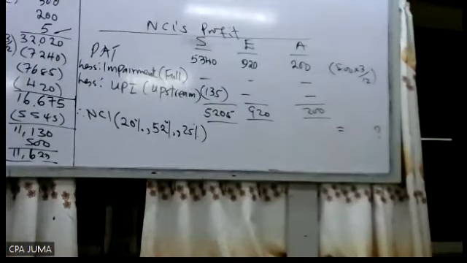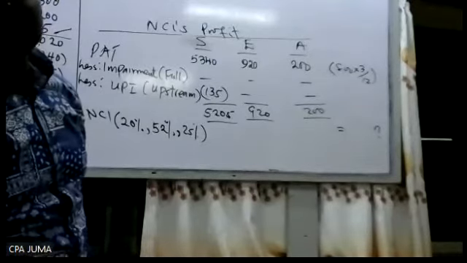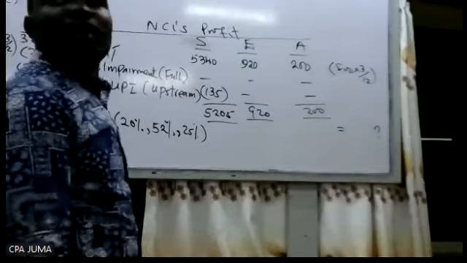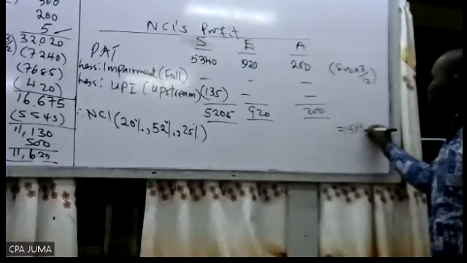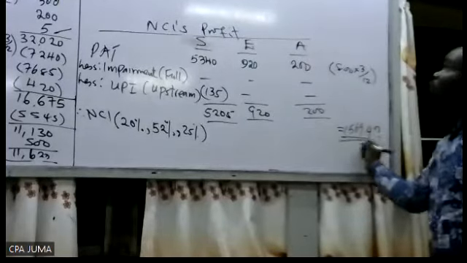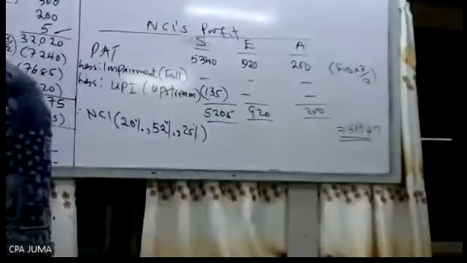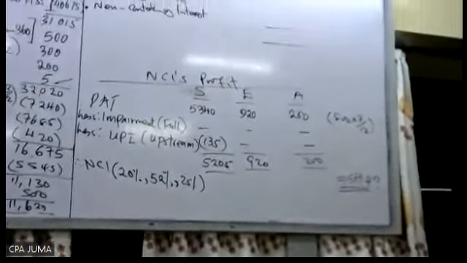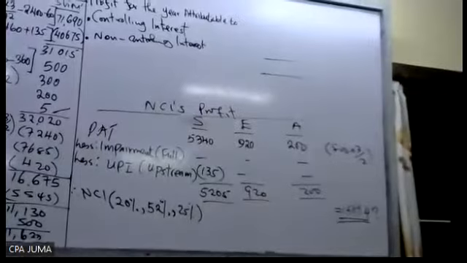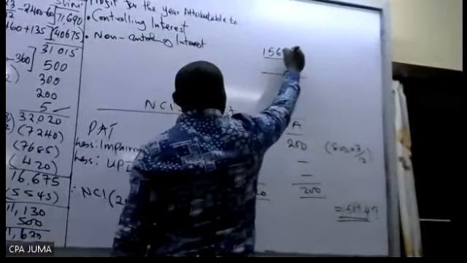Total is how much? Vincent has a figure 1569.4. So go and give minority up there. So non-controlling interest will go with 1569.4.